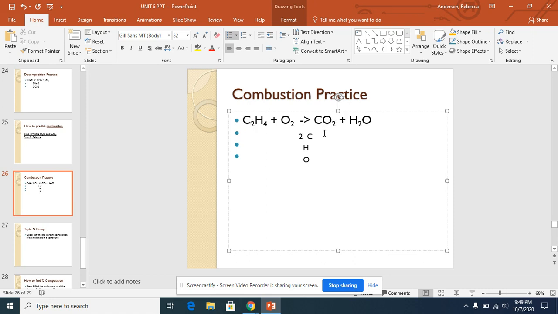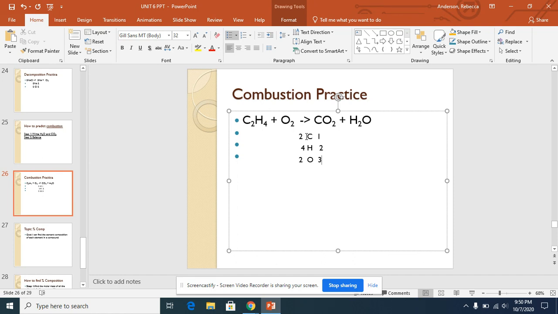On this side, we only have 1. On this side for hydrogen, we have 4 because of that subscript. And on this side, we have 2. On this side, we have 2 oxygen. Over here, we have 2 oxygen right there, plus 1 oxygen. So that means we have 3 oxygen on that side.